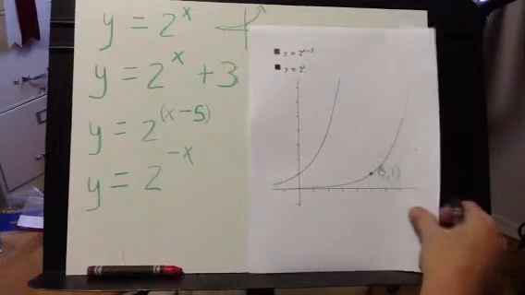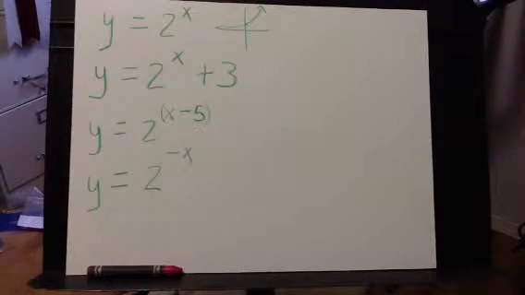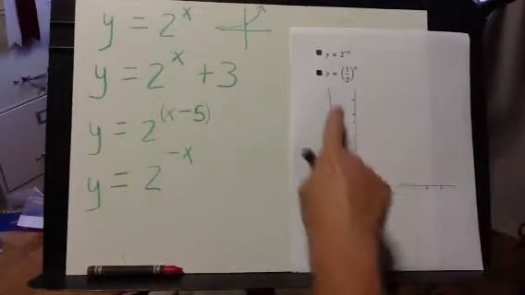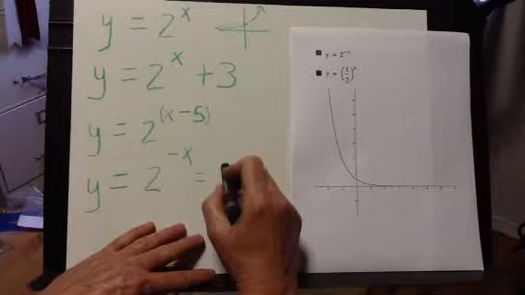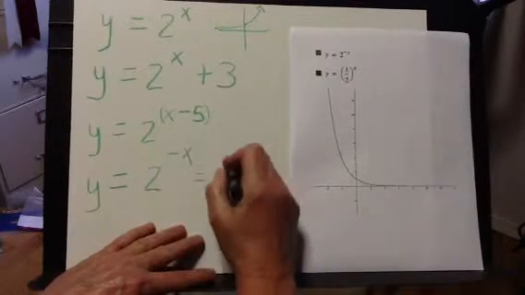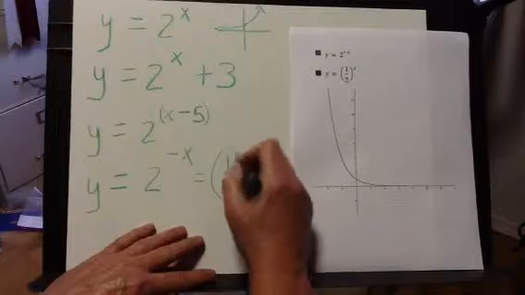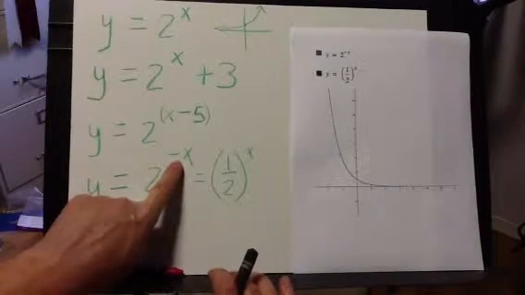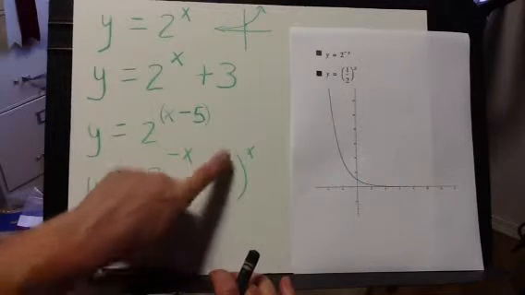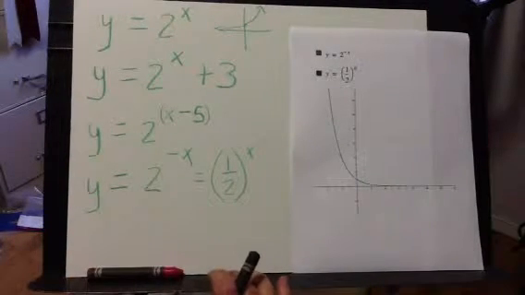Now, one more function we're going to look at is 2 raised to the negative x power. It's actually the same function as 1/2 raised to the x power, because 2 raised to the negative x power is the same as 1 over 2 raised to the x power.